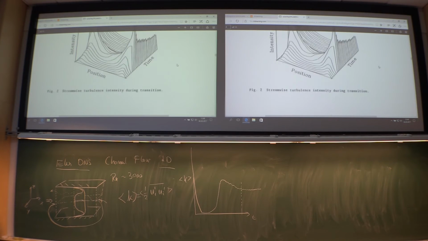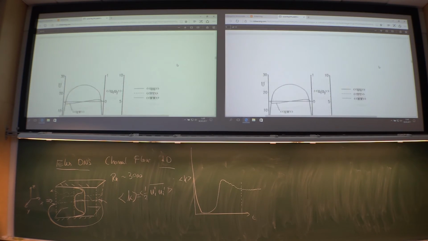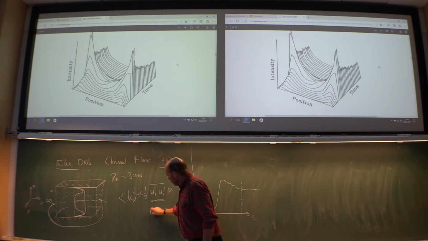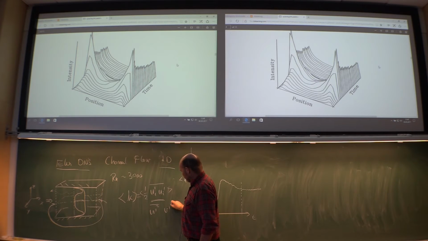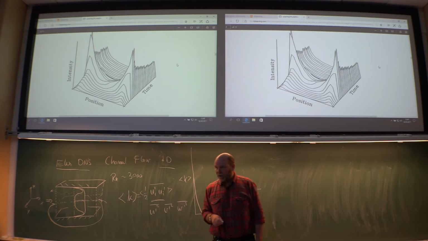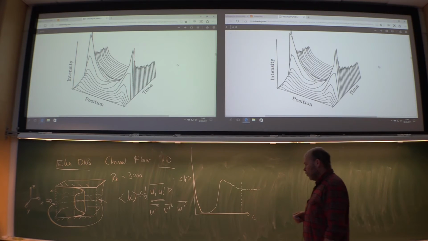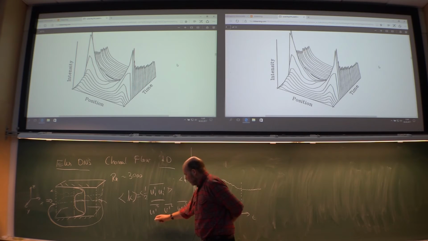Turbulent field. May I ask, you talk about the intensity? Yeah. How do you define this? Intensities, they are the different u-prime squared, v-prime squared, w-prime squared. The Reynolds stresses, but only the, say, the normal components in the matrix.